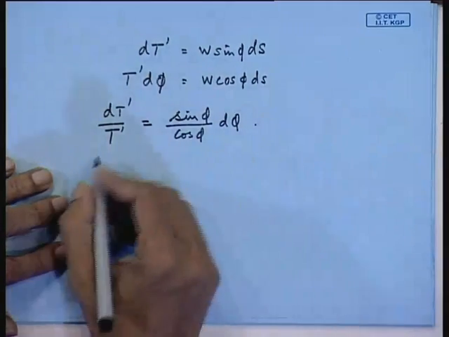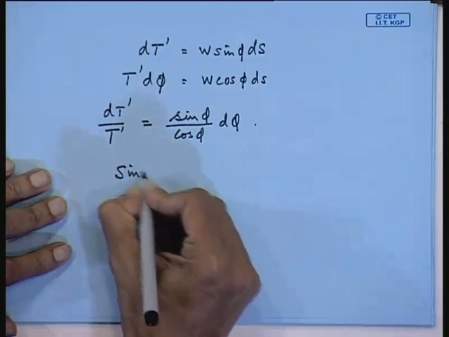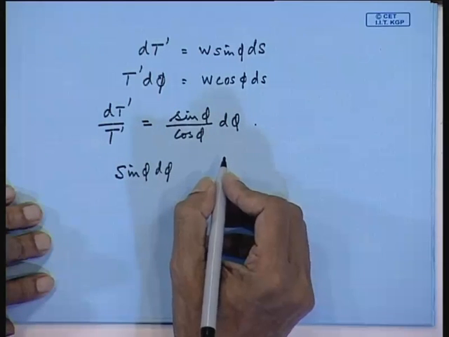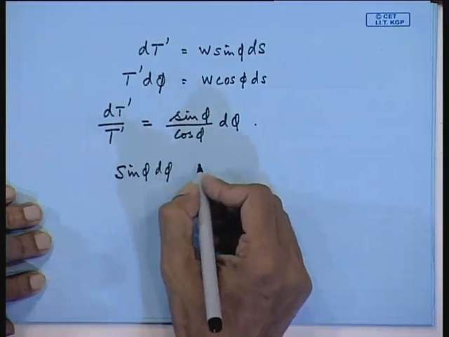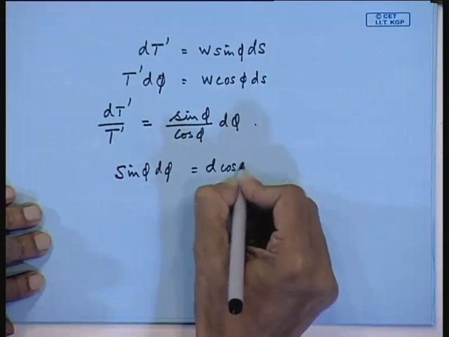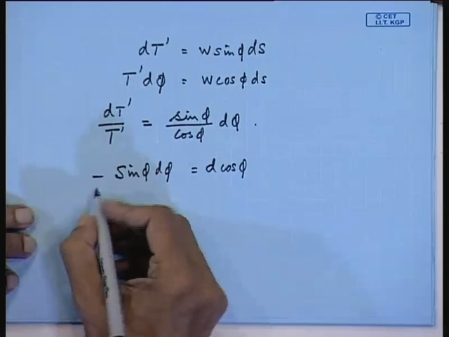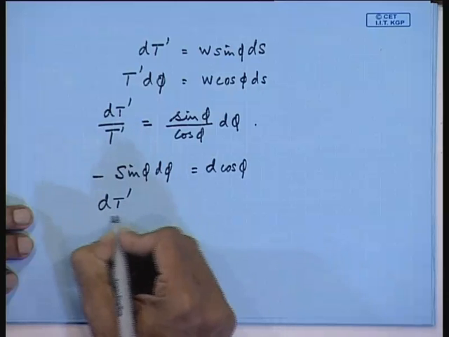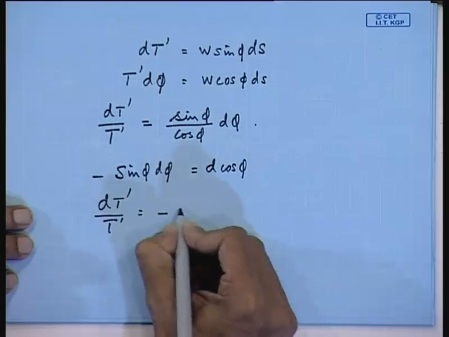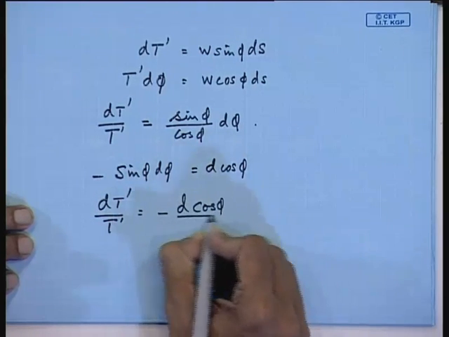Sin phi d phi you can write as d cos phi, I just put a negative sign. So this expression becomes minus d cos phi over cos phi.